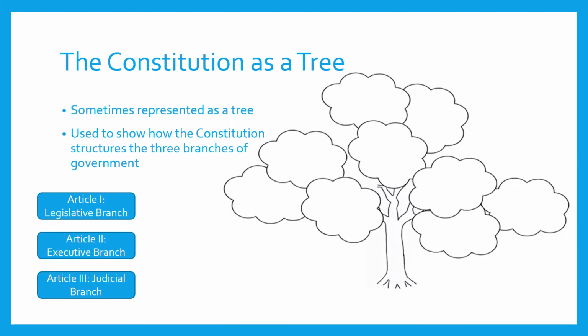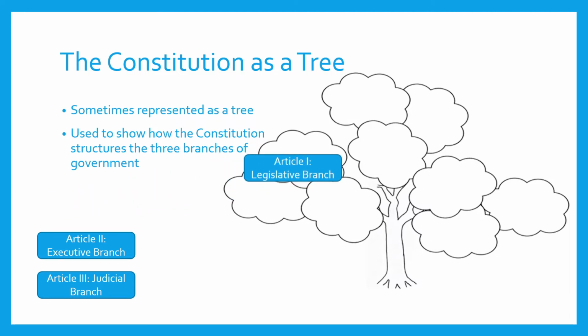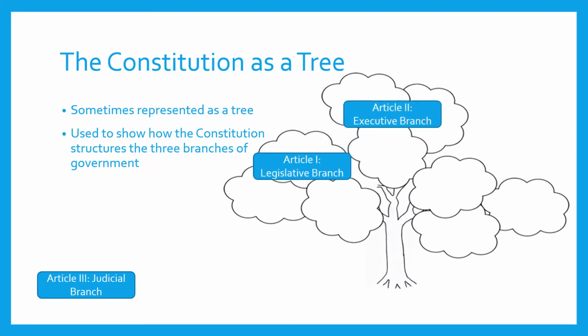So something you need to learn is that we sometimes look at the Constitution as a tree to look at the 3 branches of government. We have Article 1, the legislative branch. We have Article 2, the executive branch, and Article 3, the judicial branch.